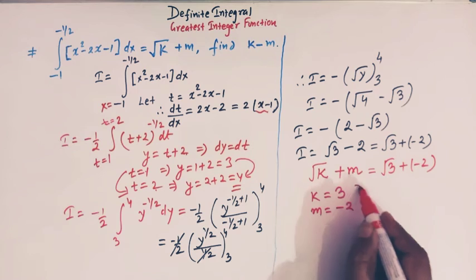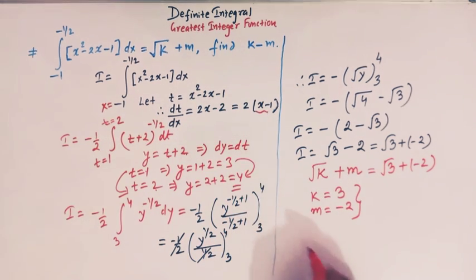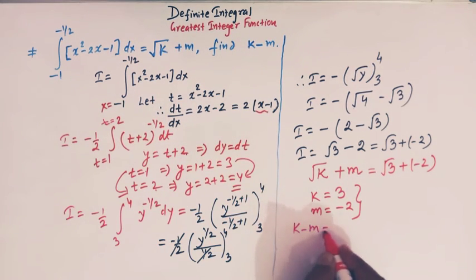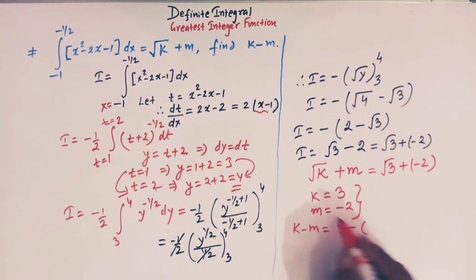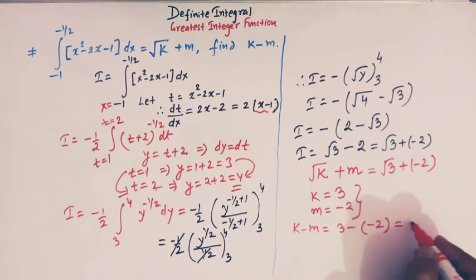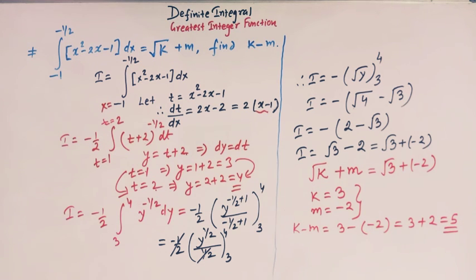And we have to find the value of k minus m. So k is 3 and m is minus 2, so we have 3 plus 2, that is 5, right? So viewers, the value of k minus m is equal to 5, and this is how we solve this important and interesting problem.